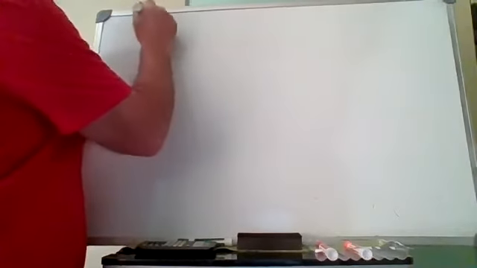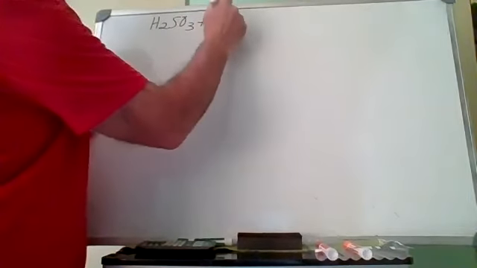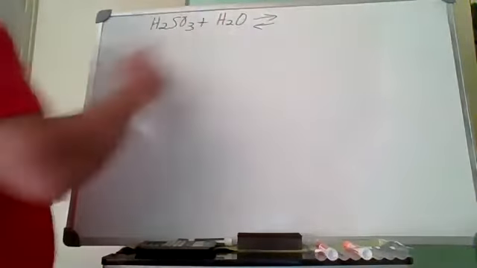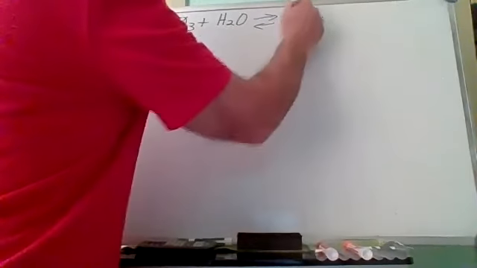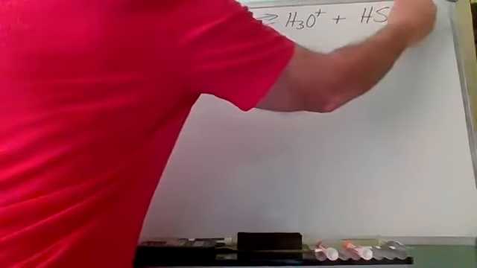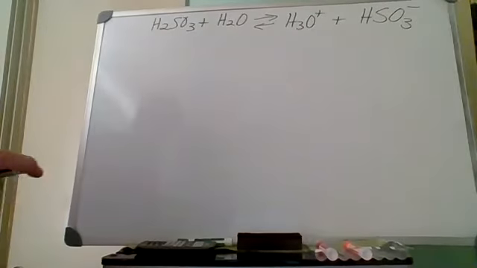All right, so we're going to have to make a nice table. H2SO3 plus H2O gives us, this is an equilibrium, so a double-headed arrow, H3O+ and HSO3-. So now we're going to make an ICE table here.